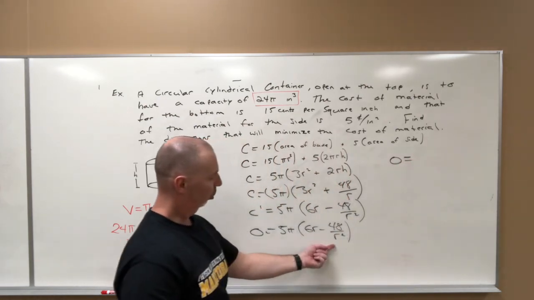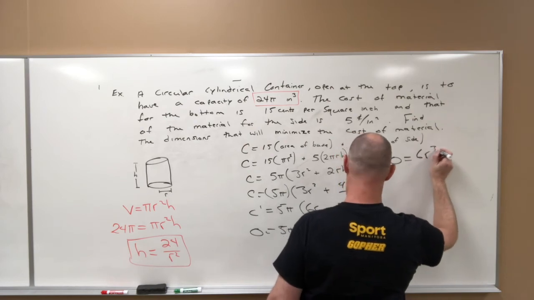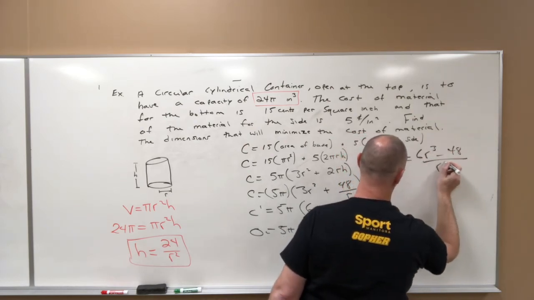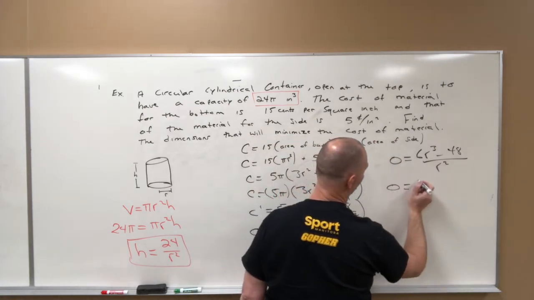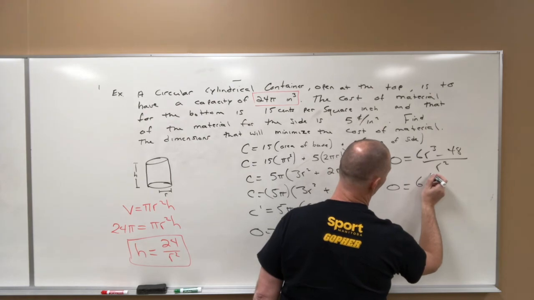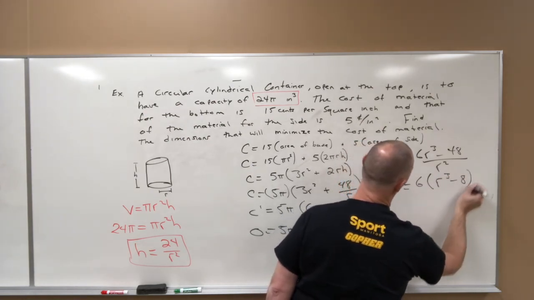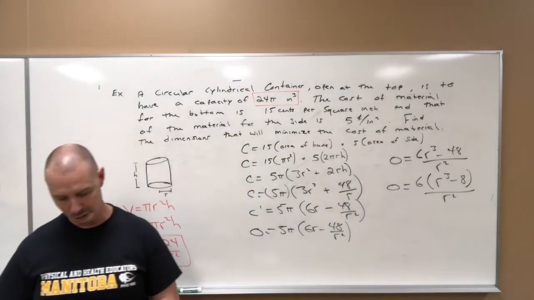So I'm going to take this r squared and make a common denominator. That's going to give me 6r cubed minus 48 over r squared. I'm going to factor the numerator, which will leave me with this.